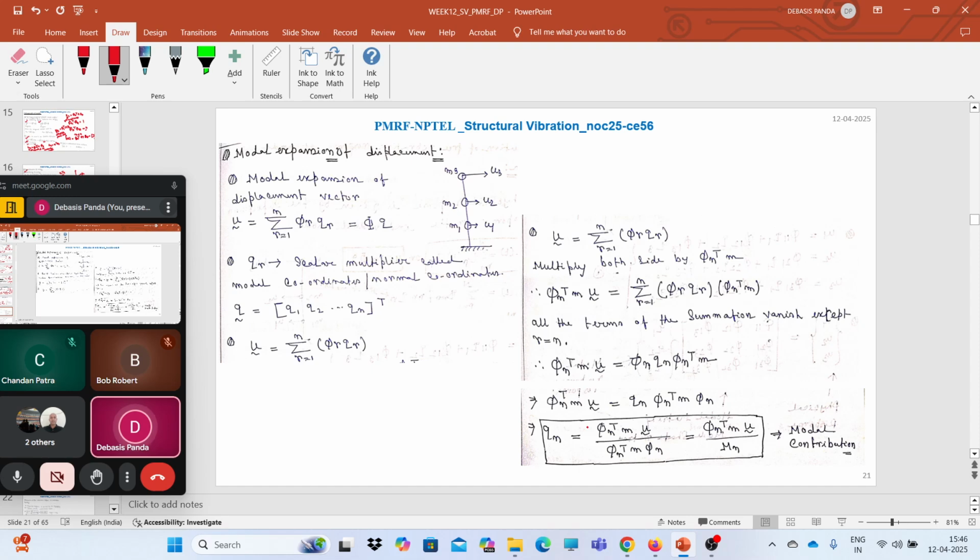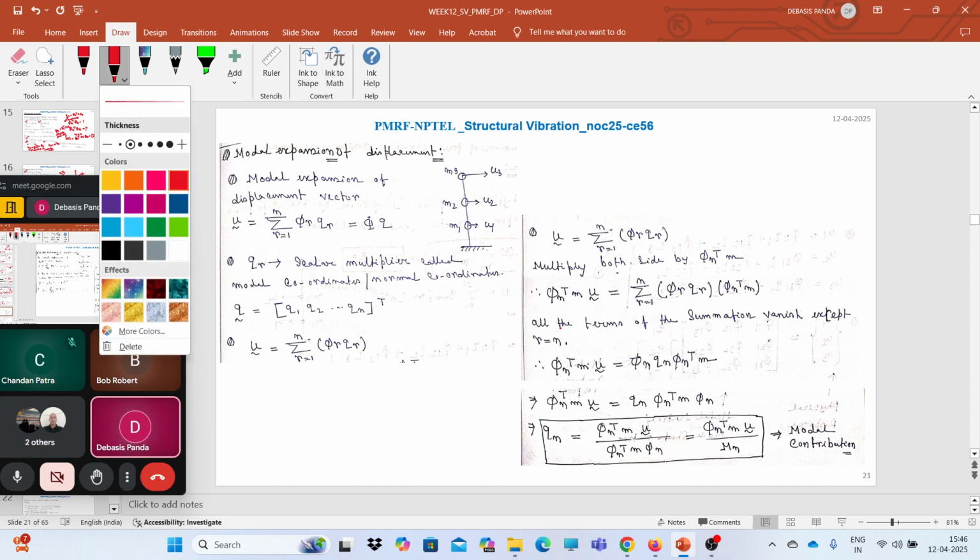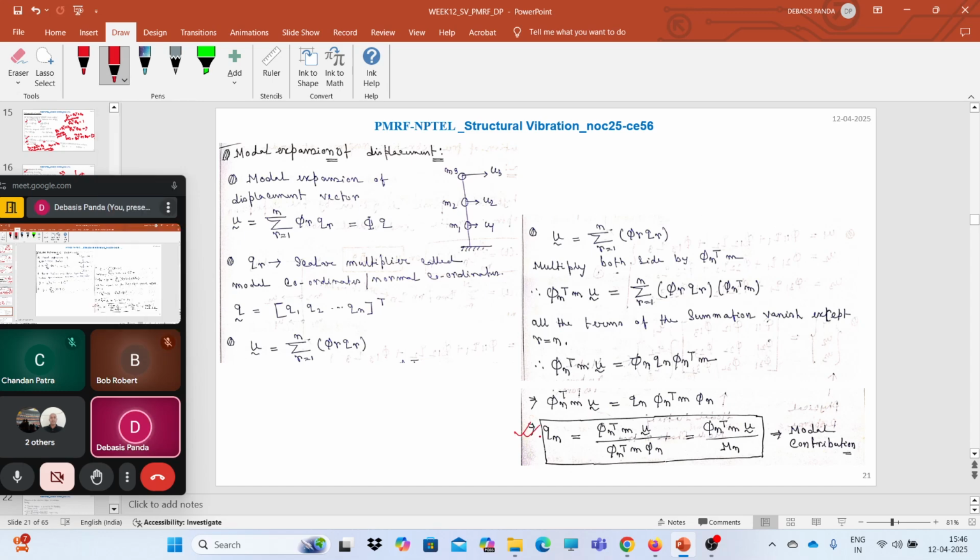So now we have solved for modal expansion, where this equation for modal contribution is very important. What is the modal contribution for a particular mode? In modal expansion, we can write the response vector u, which contains u1, u2, u3 and so on, as the summation of the contributions from all the modes.